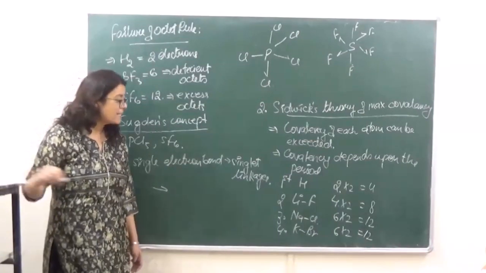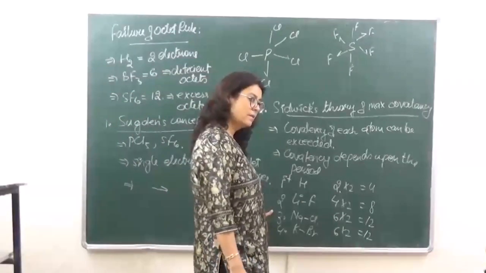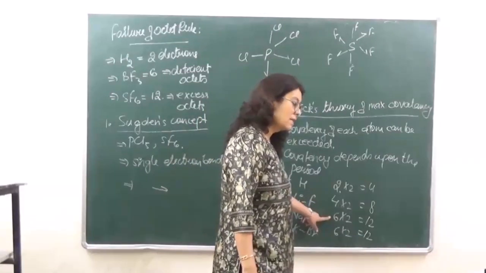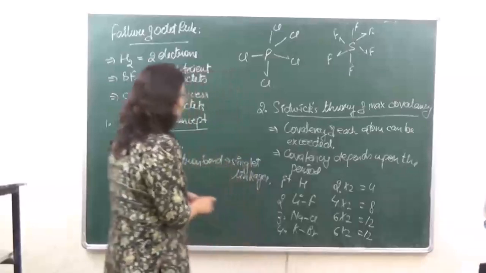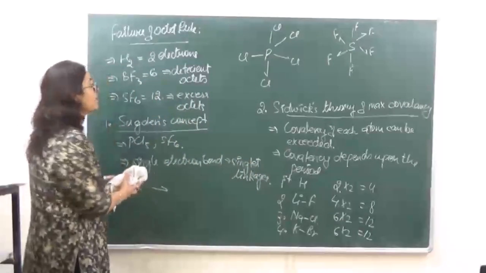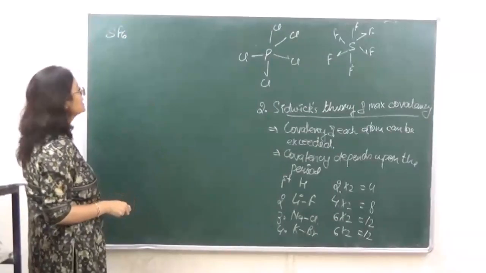So when we are looking at sulfur over here, sulfur belongs to the third period, right? So what is the maximum covalency of the third period? 6. And how many electrons can it have? 12. So with respect to this, the structure of SF6 can be written in this manner. Okay, SF6.